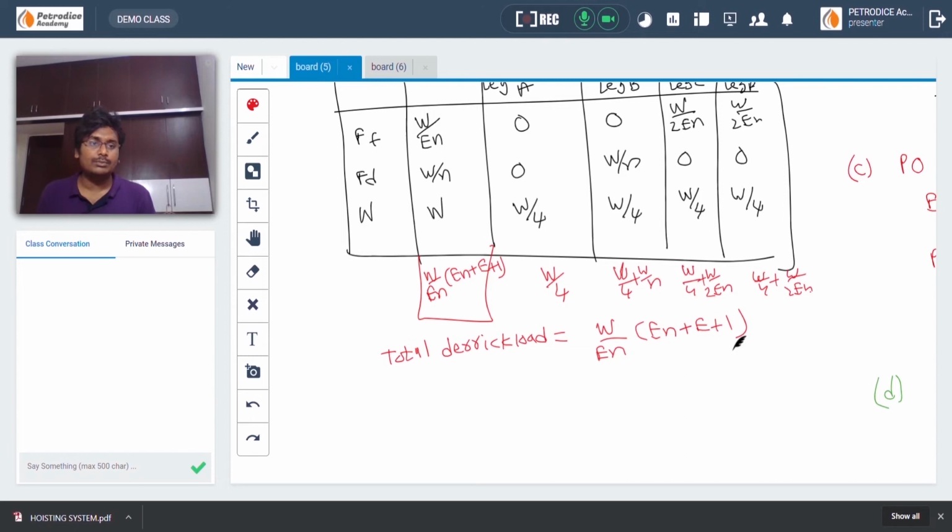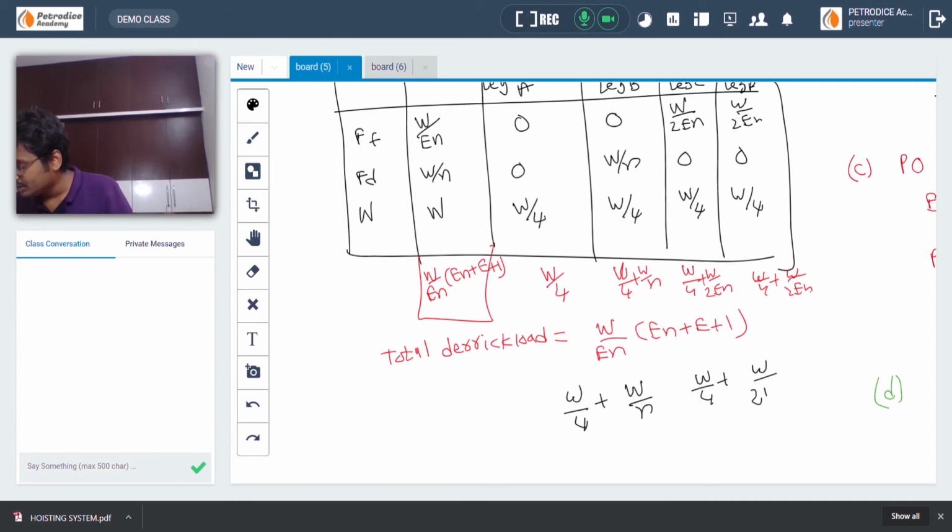Okay, so the maximum load on a particular leg will be on leg B, because if you can see here, W by N and W by C, leg B, and we have to compare leg B and leg C. Okay, we should know which one is large. W by 4 plus W by 4 plus W by 2n. In these two, which one is larger? This is larger because E is given as 0.85. Okay, 2 into 0.8 will be 1.6.